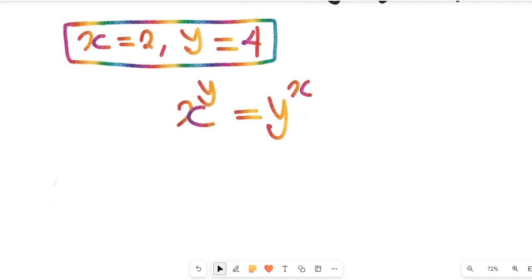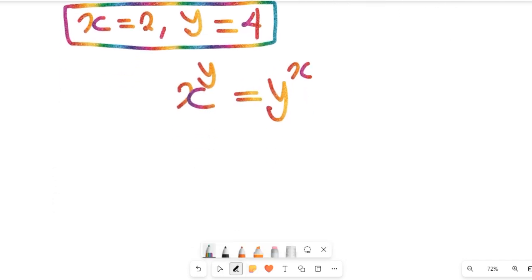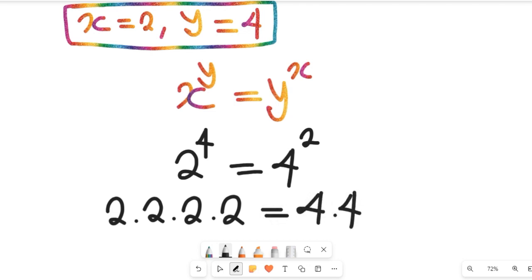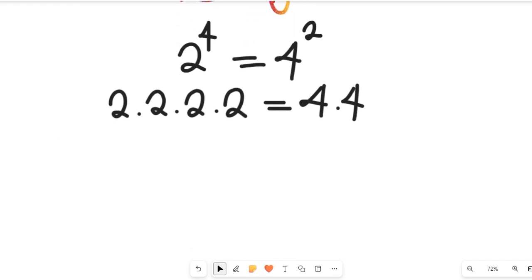At x equal to 2 and y equal to 4, will this expression be correct? This will give us 2 to the power of 4. Is it equal to 4 to the power of 2? 2 to the power of 4 is 2 multiplied by 2 multiplied by 2 multiplied by 2, right? And 4 to the power of 2 is 4 multiplied by 4. So 2 to the power of 4 is equal to 16. And 4 times 4 is 16.